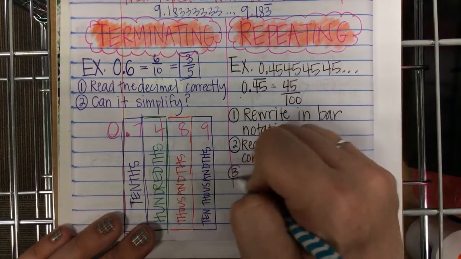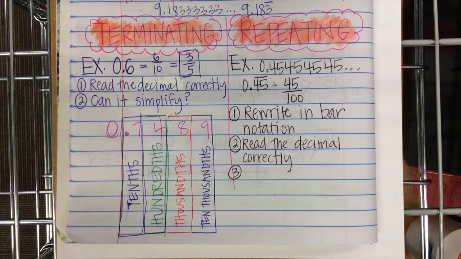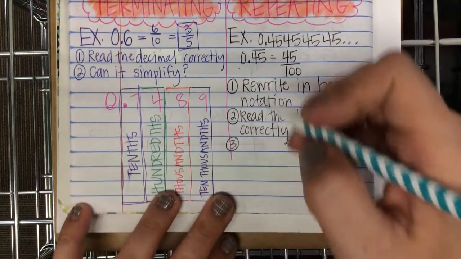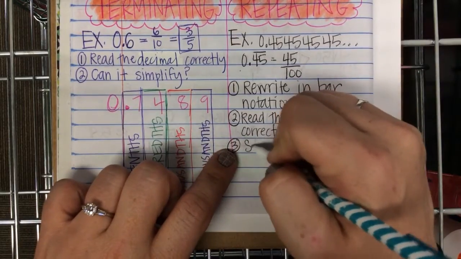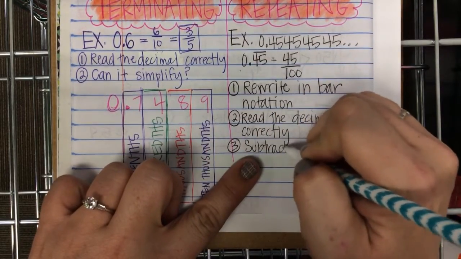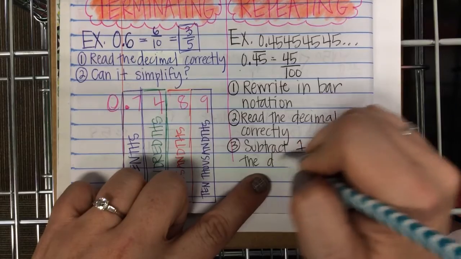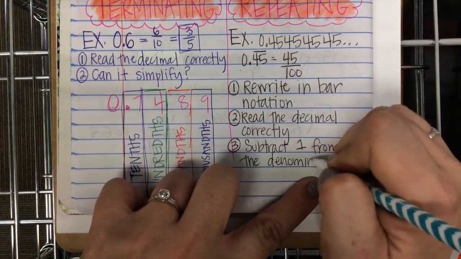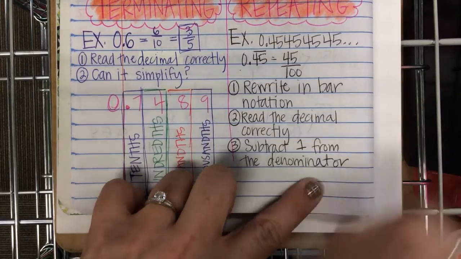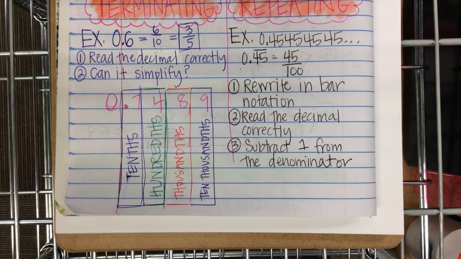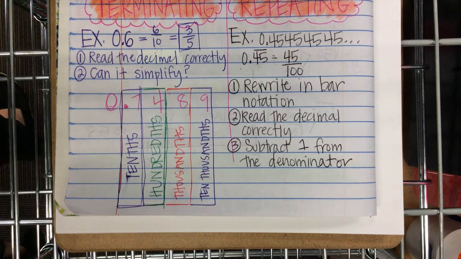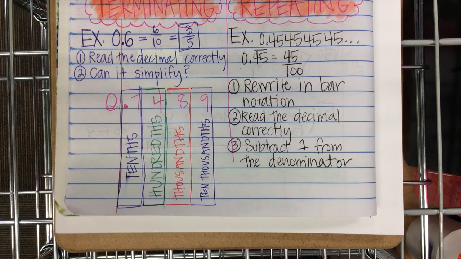Here's the trick. If it's a repeating decimal, there is a third step that is not simplifying. There's a secret step. If it's a repeating decimal, the secret step, after you read it correctly, is you subtract 1 from the denominator. That's only if it's a repeating decimal.